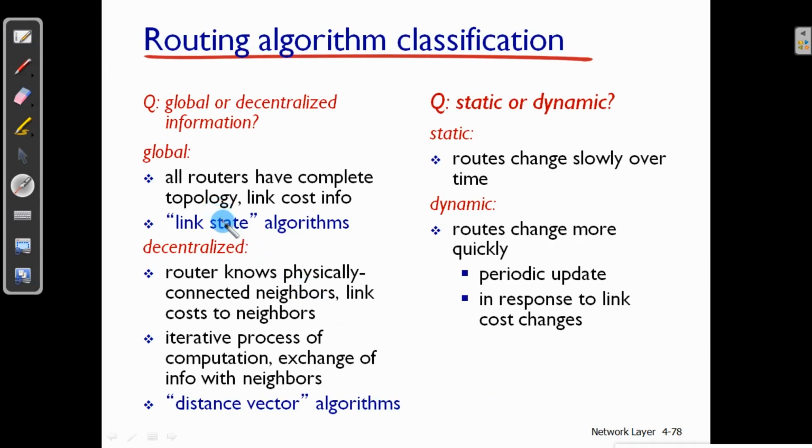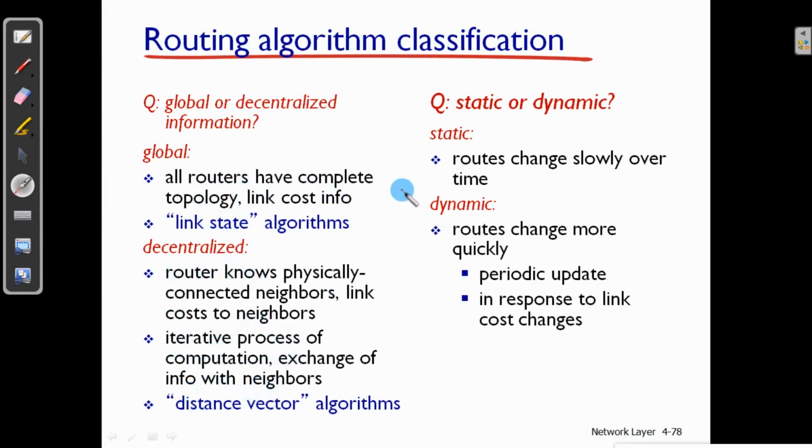An example of a link state algorithm is the Dijkstra algorithm. So, routing algorithms are classified into global or decentralized. An example of global is link state, and an example of decentralized is distance vector.